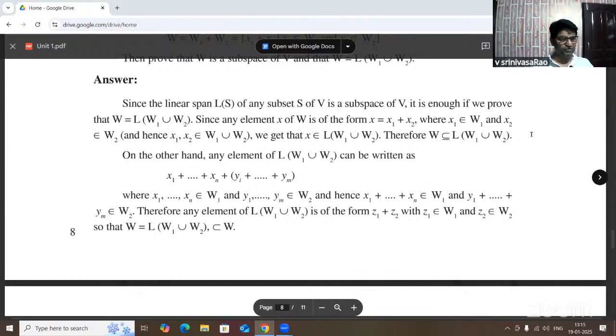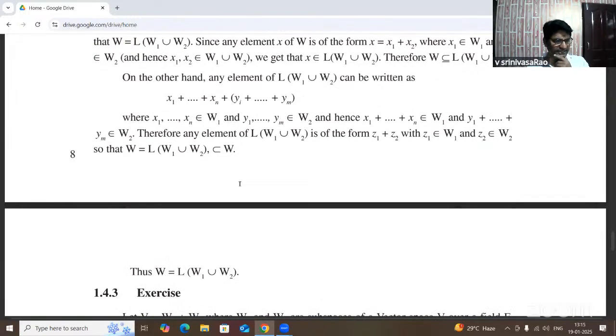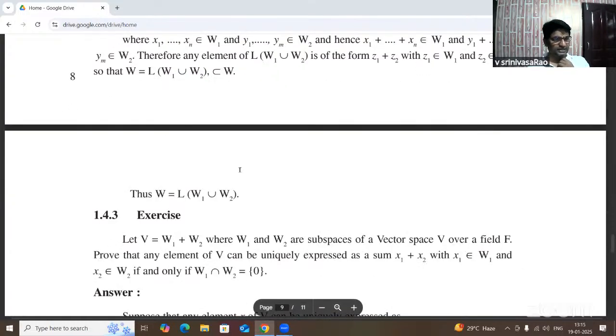Finally, W, the sum of the subspaces, is equivalent to L of W1 union W2. See this one. Now the entire value is contained in W. So finally, A is a subset of B and B is a subset of A. Finally, A equals B.